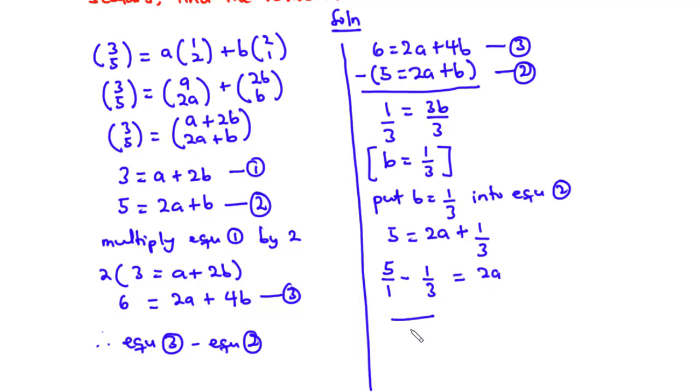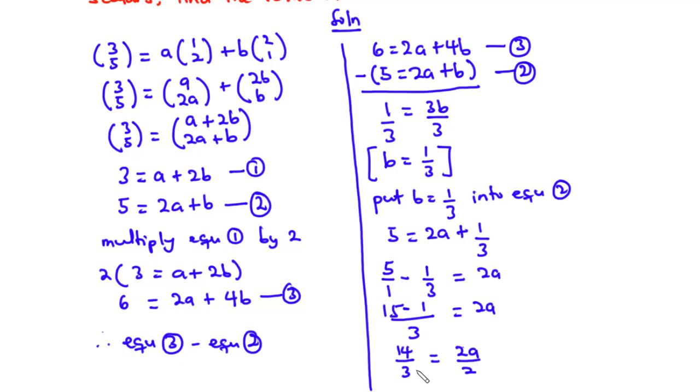We find the LCM. LCM is 3. 3 divided by 1 is 3. 3 times 5 is 15. 3 divided by 3 is 1. 1 times 1 is 1. So that is equal to 2a. 15 minus 1 is 14. So we have 14 divided by 3, which is equal to 2a.